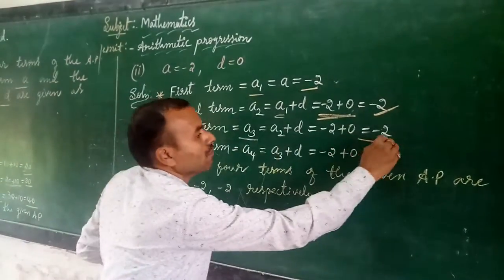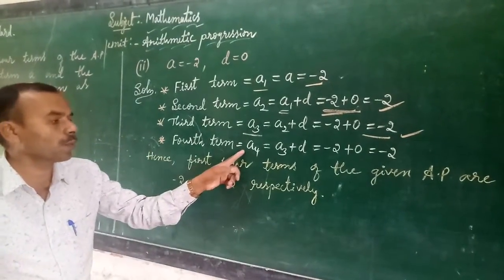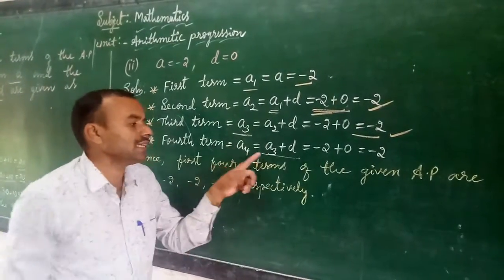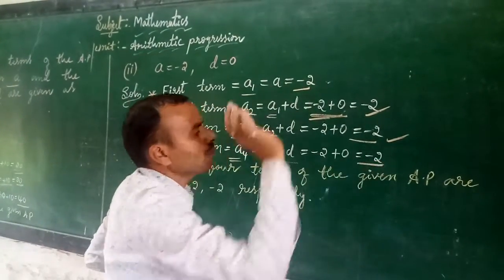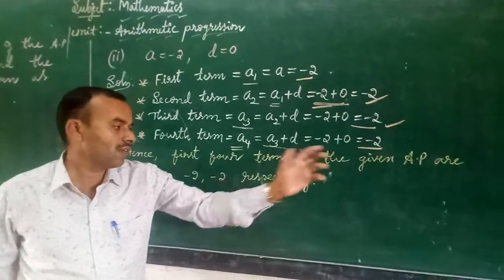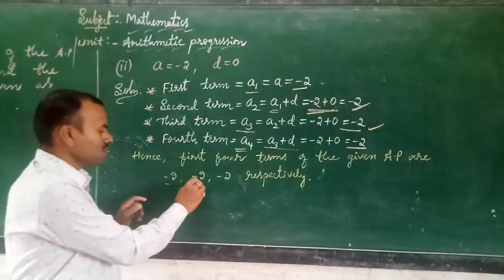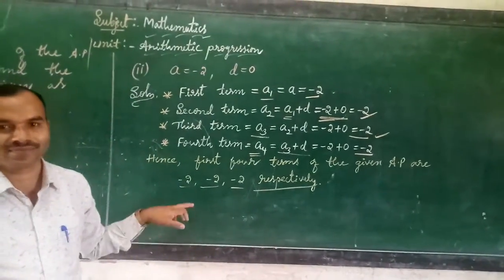A3 is also -2. Fourth term A4 is A3 plus D, A3 is -2 plus 0. A4 is also -2. Hence, the first four terms of the given AP are -2, -2, -2, -2 respectively.